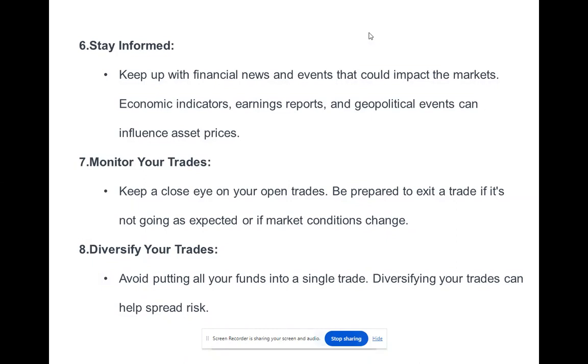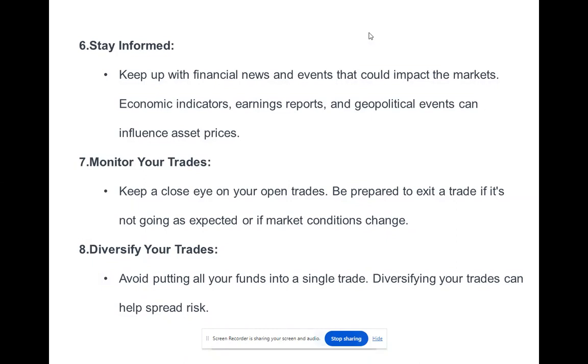At least $2 on each trade is enough. $3 on each trade is enough. Even $5 on each trade is enough. So don't say you have a $10 account and then use the whole $10 to open a trade. No. Avoid putting all your funds into a single trade. You must diversify your trade.